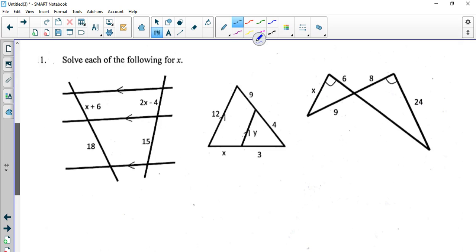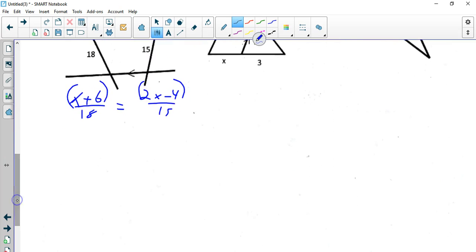Again, since these are parallel, we can just set up our fractions right here. Nice little trick. x plus 6 over 18 equals 2x minus 4 over 15. Again, remember, put these in parentheses to make it easier. 15 times x plus 6 is equal to 18 times 2x minus 4.